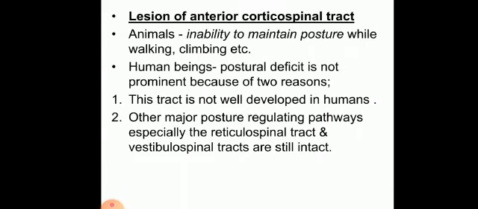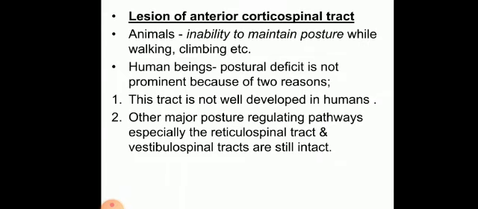But in human beings, the postural deficit which follows a lesion of the anterior corticospinal tract is not very prominent, for two reasons. First, the anterior corticospinal tract is not very well developed in human beings. And second, human beings have much better posture regulating pathways other than this tract.